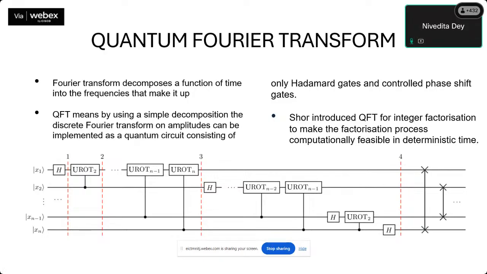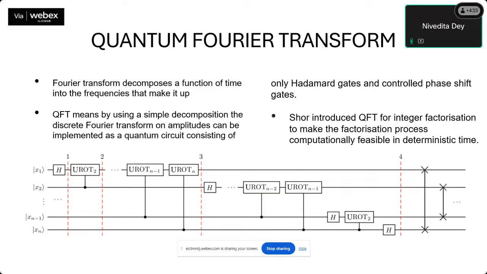You can see this is a QFT circuit, quantum Fourier transform circuit, which is a subroutine used in Shor's algorithm. I cannot explain it to you right now, so I will skip it. But as I mentioned, the quantum Fourier transform is a quantum analog of the classical discrete Fourier transform.